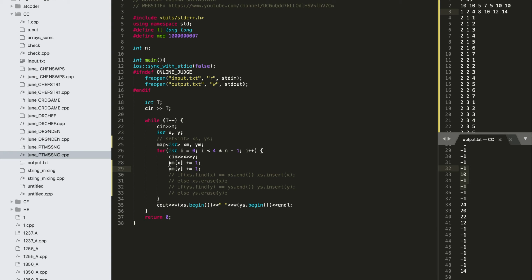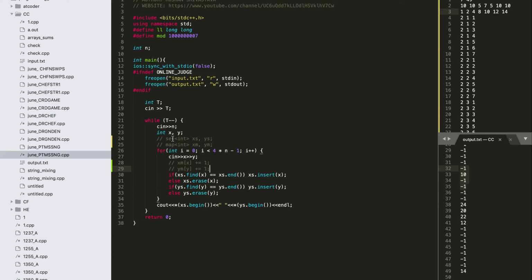So instead of doing this, what we could have also observed is that we only need to know whether a particular element occurs an even number of times or an odd number of times. So as soon as we see that this element already exists, we could simply erase that instance, and also ignore the current instance, so that we don't have to keep count, and in the end whichever is remaining would be our answer.